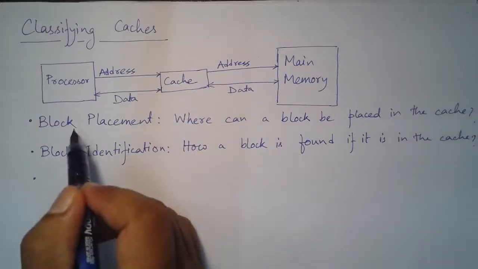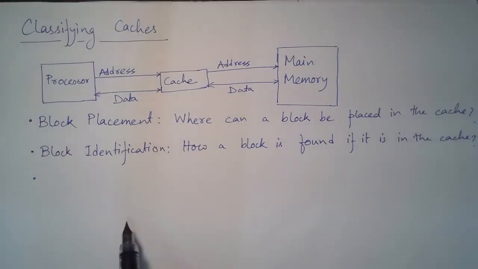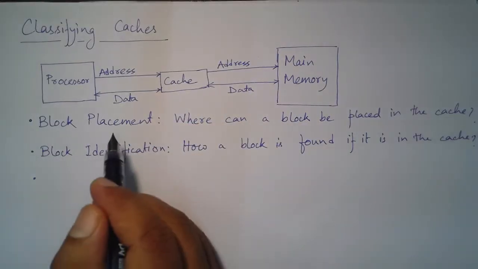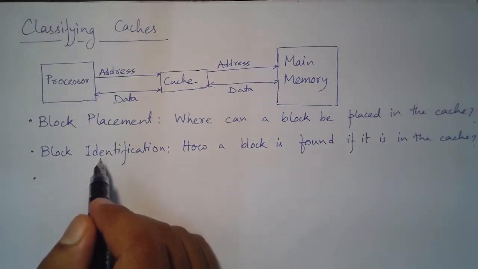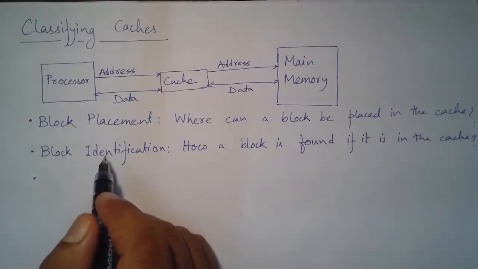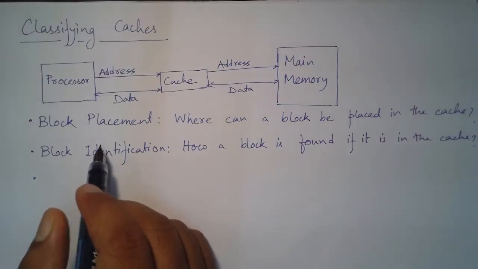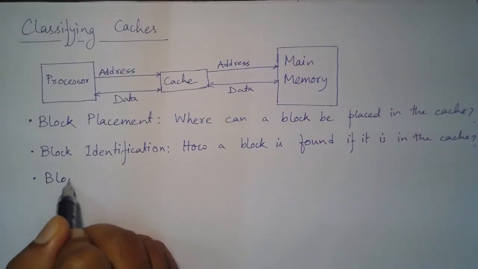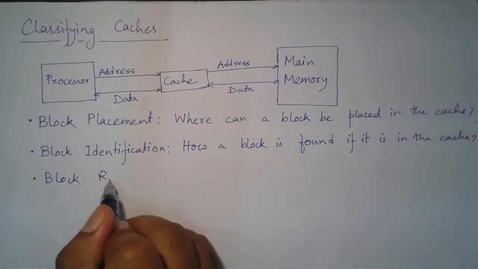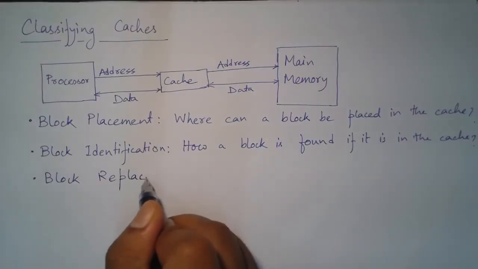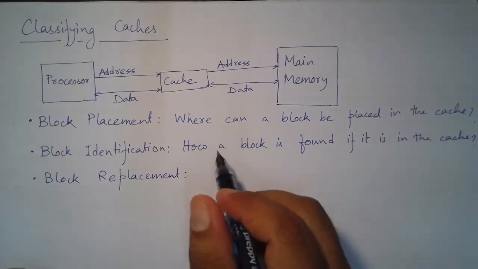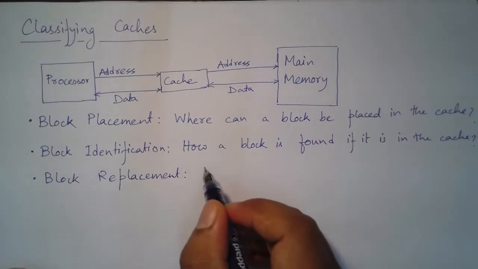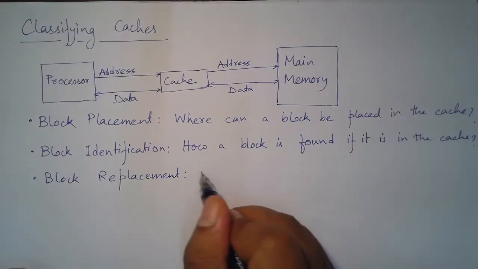We will be talking about each of these classifications in more detail. I am just trying to introduce you to the concept at this stage. So based on the block replacement, you can have different classifications. Which block should be replaced on a miss?